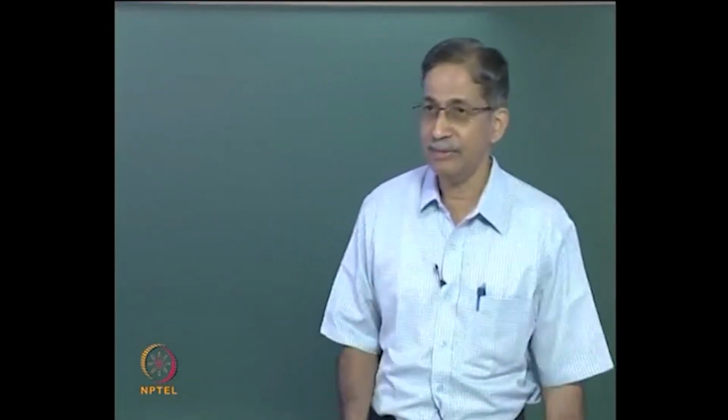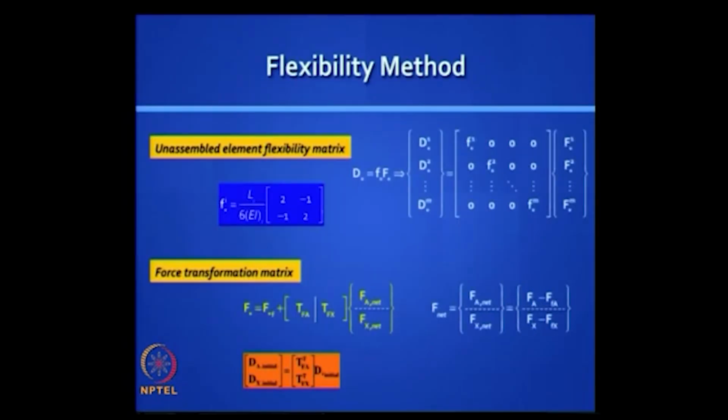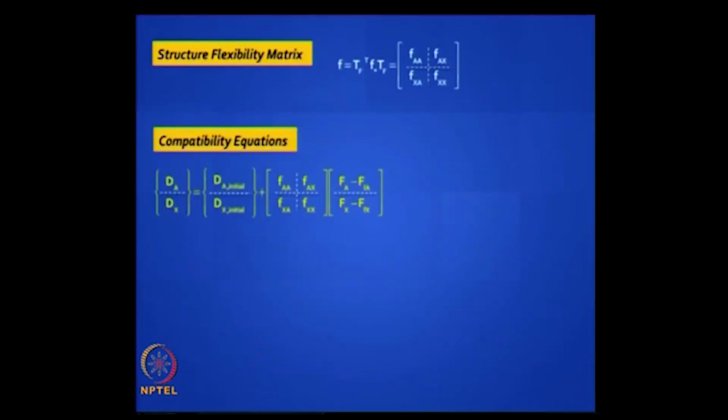Instead we had reactions, we had R, that is the only difference. And as I explained earlier, in case you have initial displacements at non-redundant locations, you can use the transpose. Okay, so the structure flexibility matrix is given by this, the compatibility equations you have to spell out.